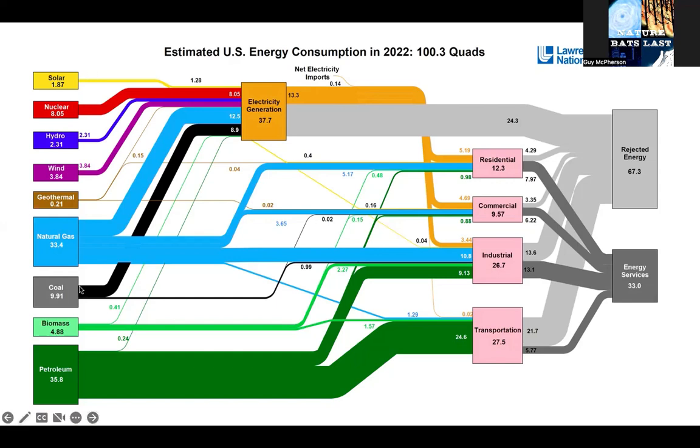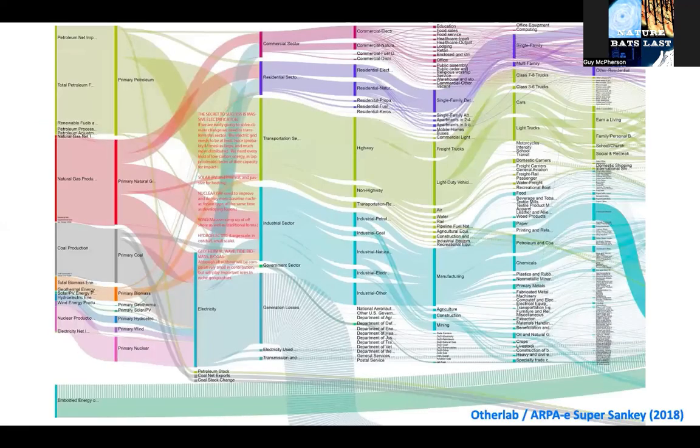Yeah, all of these are only to the first digit. And we're talking millions of BTUs in each of those, point one and point two. I think quadrillions. So, right. This is unbelievably complex. And thanks to the folks at Lawrence Livermore National Laboratory for making this relatively easy for the rest of us. I want to move to the last of my Sankey diagrams here.